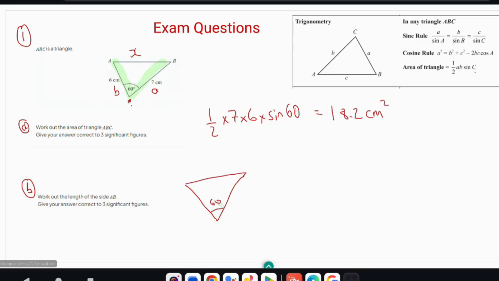60, 6 and 7. So for your cosine rule, the angle has to be big A. Your B and C do not matter.